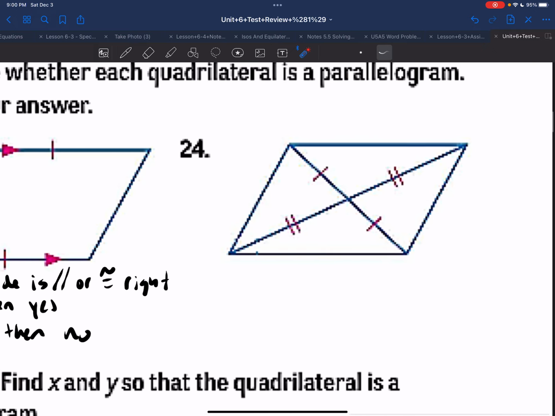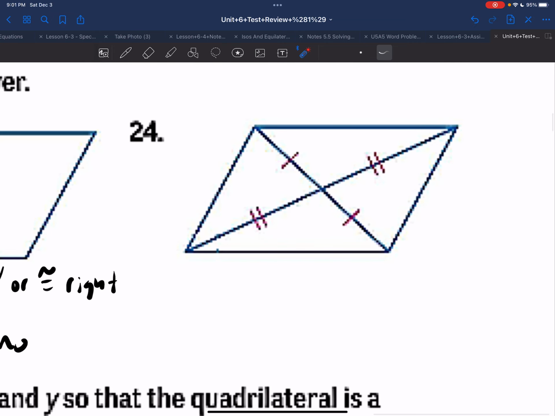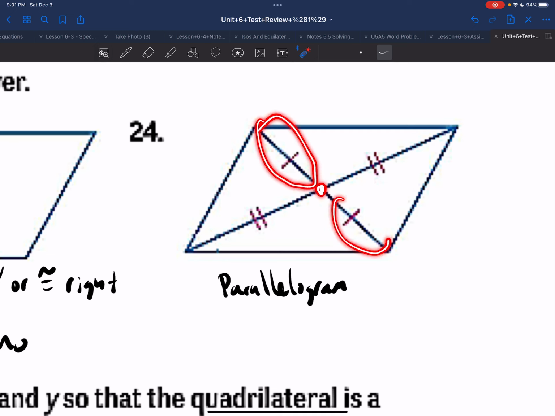Okay, so over here, what do we have? We have a figure where we see some congruent marks here. Now, I'm going to say that this is a parallelogram because one of the properties says that the diagonals of a parallelogram bisect each other. And because they bisect each other, it creates a midpoint. So if I'm looking at this segment here and this segment here, they should be two congruent parts, right?